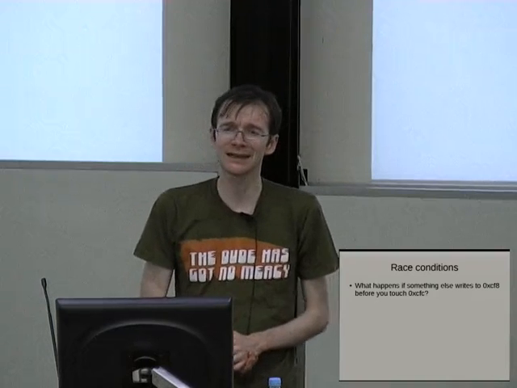Now, looking at this, there's kind of an obvious problem. You write to CF8, and then you read and write to CFC. Now, in between you writing to CF8 and you touching CFC, what happens if something else touches CF8? And the answer is that you read or write to the incorrect register, which is probably upsetting.